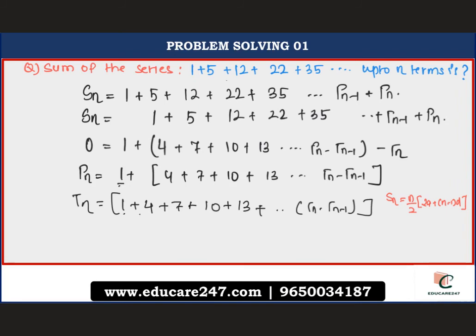It will be n by 2, because there are n total terms, 2a, so first term is 1, so 2, plus n minus 1, into 3 because the common difference is 3. So in the end you have 3 by 2 n square minus n by 2. So this is the value of the nth term.